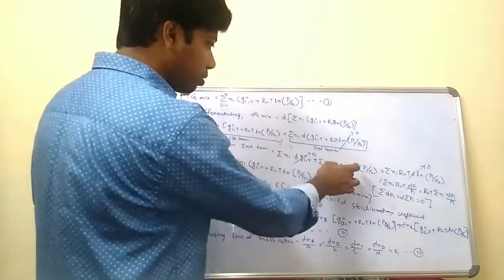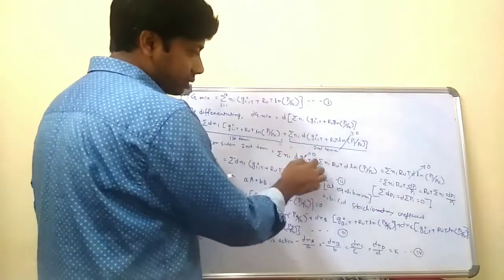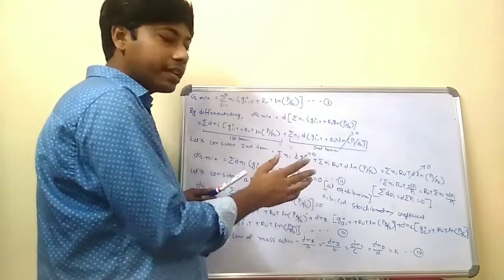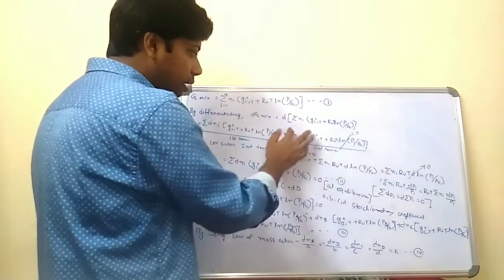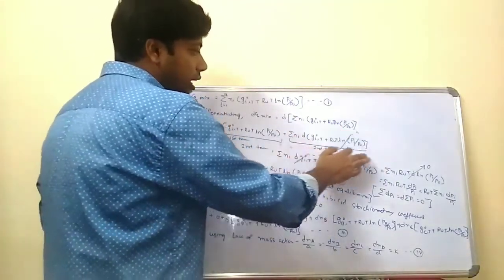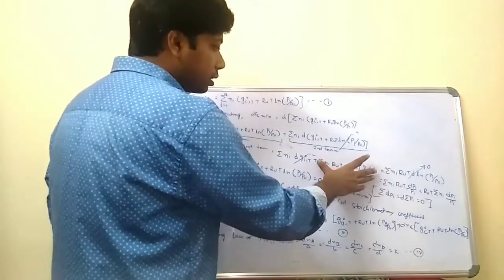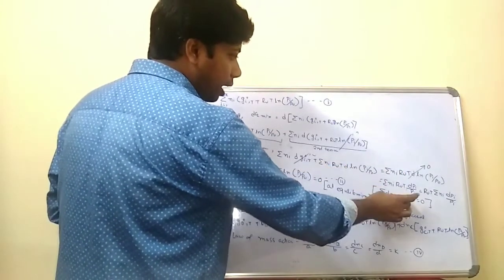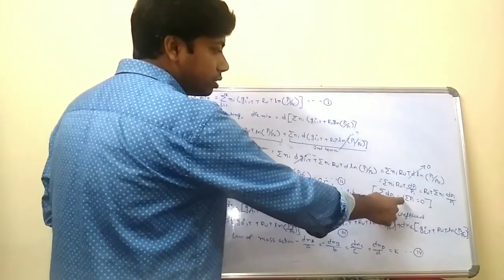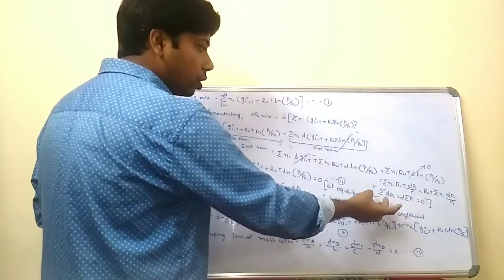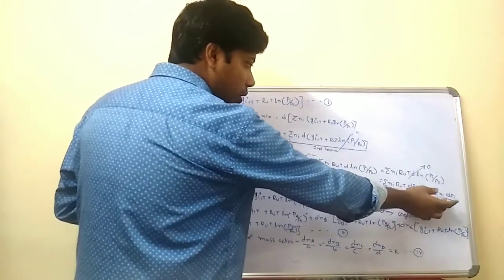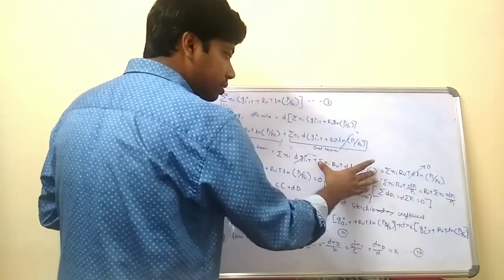So this term becomes 0, and for the particular standard condition the Gibbs free energy is also 0. So this term is cancelled, because the summation of dpi is equal to d of the summation of pi, that is equal to 0. That's why this term is 0. If this term is 0, then the total term is 0, okay.